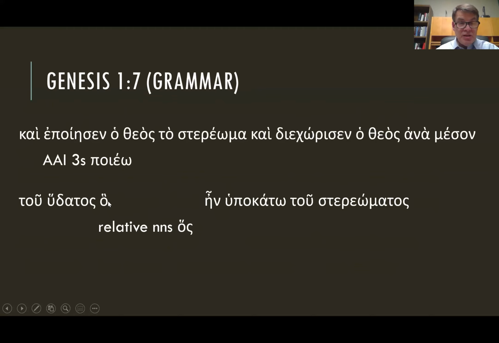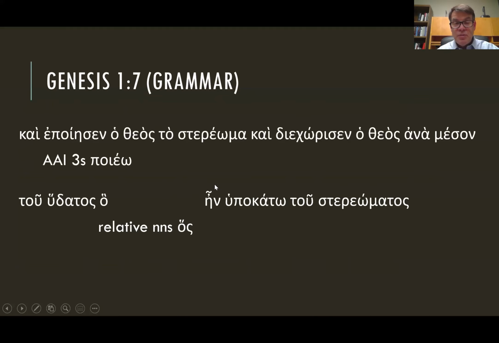It's going to match its antecedent. It's going to match the word it's telling you about in gender and number, because gender and number doesn't change in Greek. So this is a neuter word, hudor. Water is hudor. It's neuter, and it is singular here. So nominative, neuter, singular from hos.